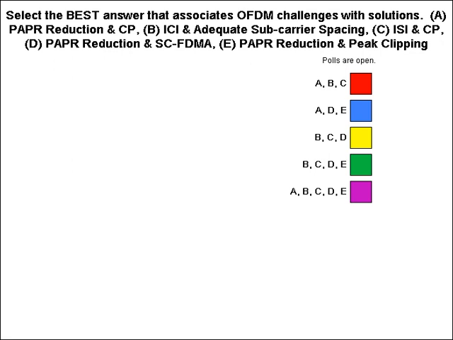Will SC-FDMA help us reduce peak to average power ratio? And so on. Think along those lines. So far I have 50% correct answers, because we have many good choices. Many parts are correct, but I'm looking for the best possible answer.